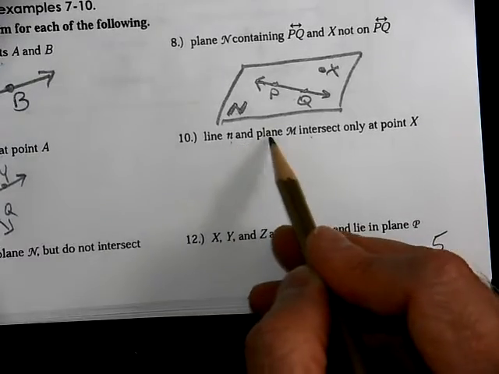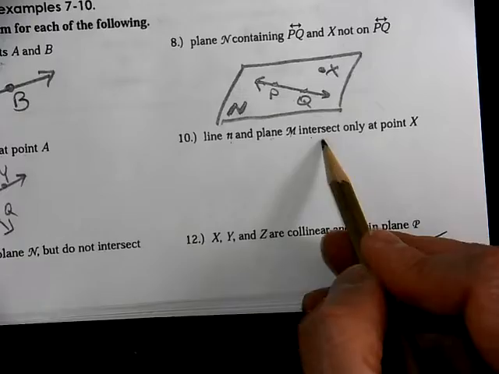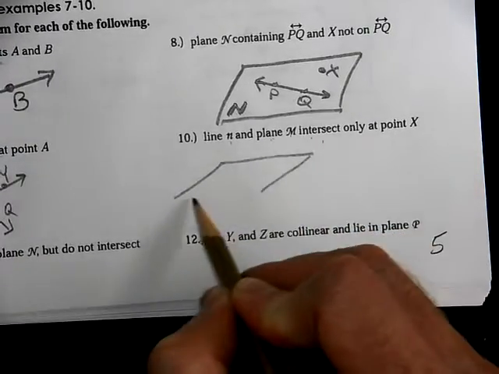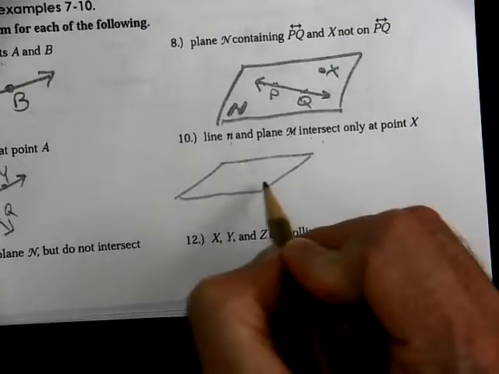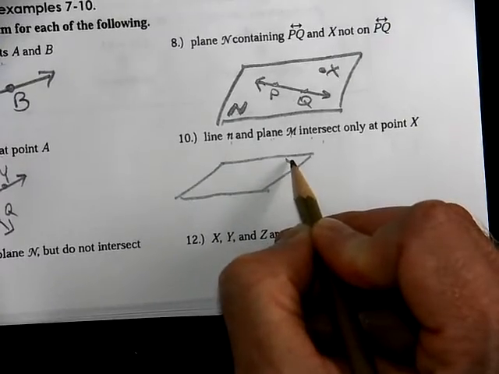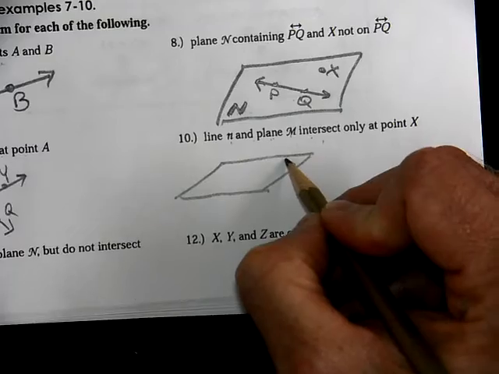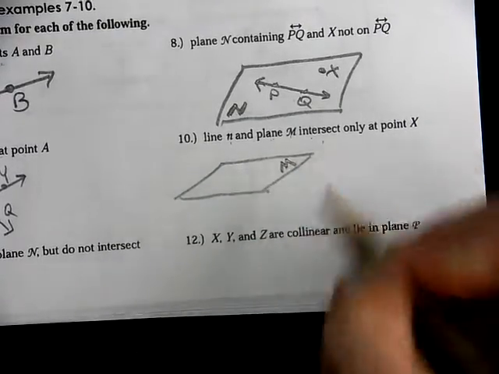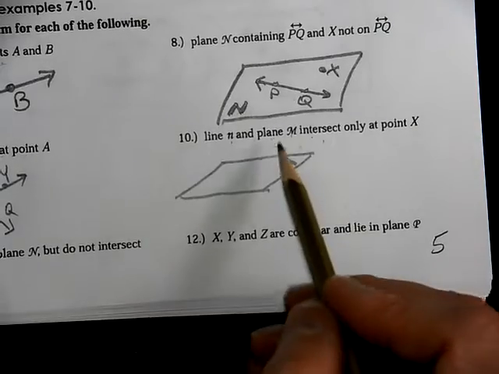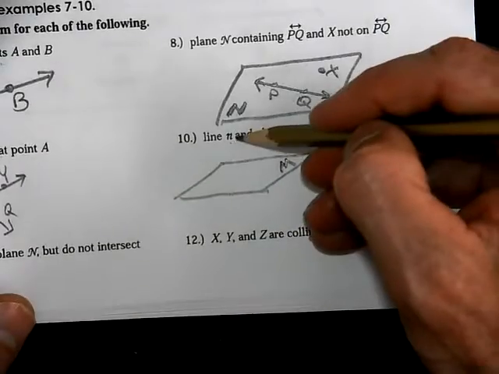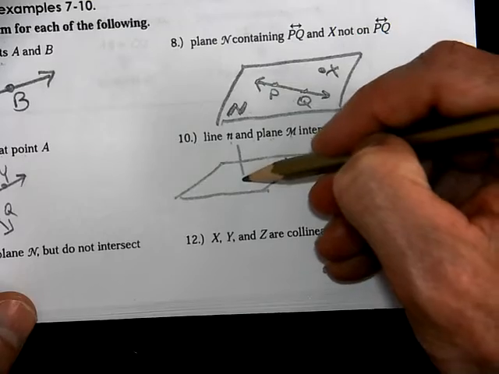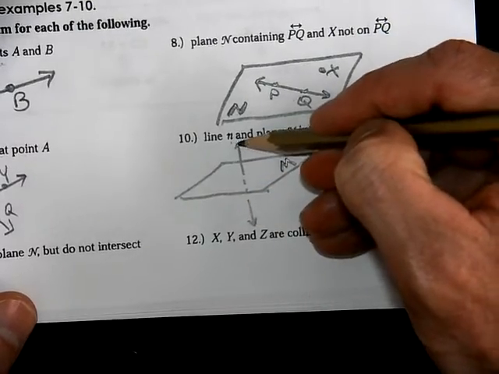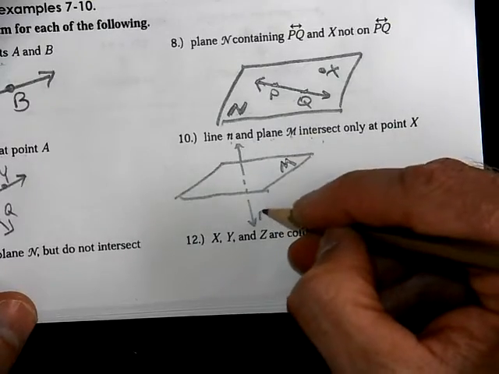Line N and plane M intersect at only one point. So I'm making the plane, this should be plane M. So make it a dark, dark letter. And then we're going to put in line N on here also.